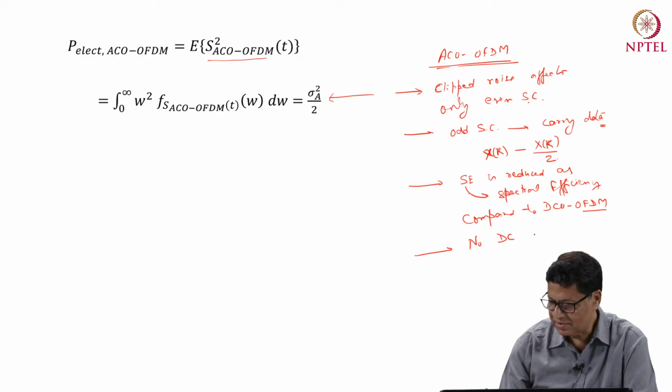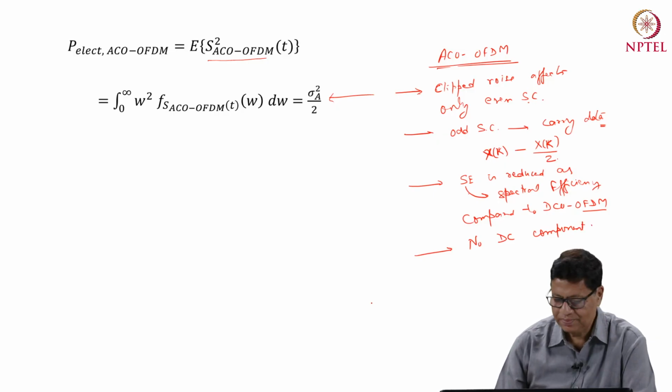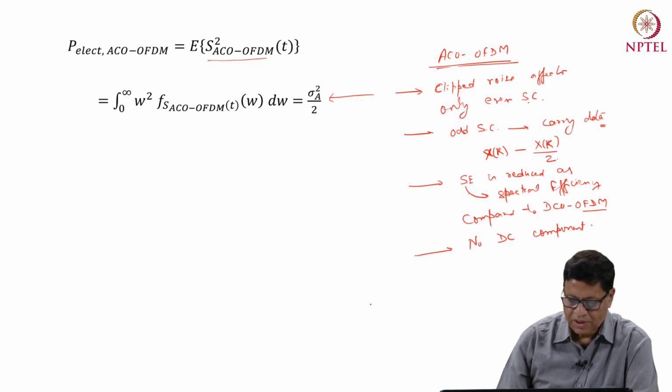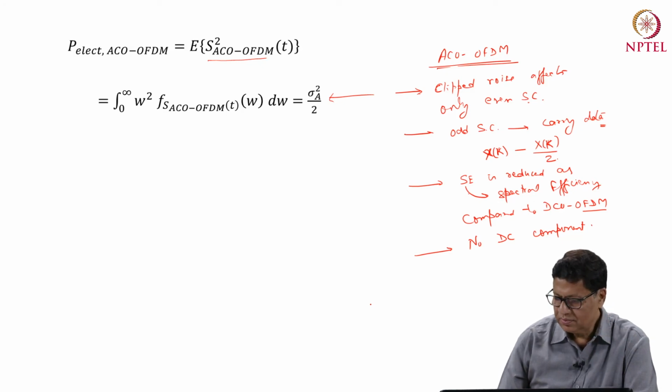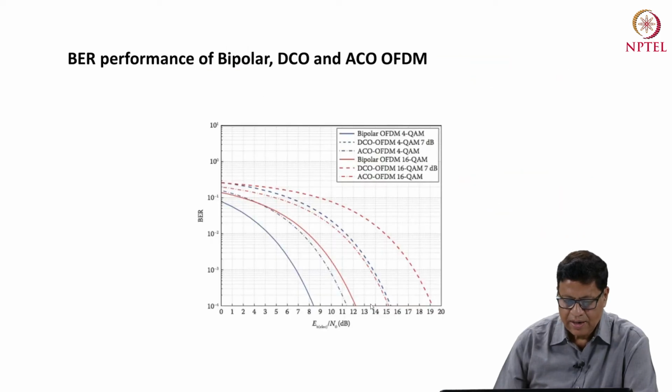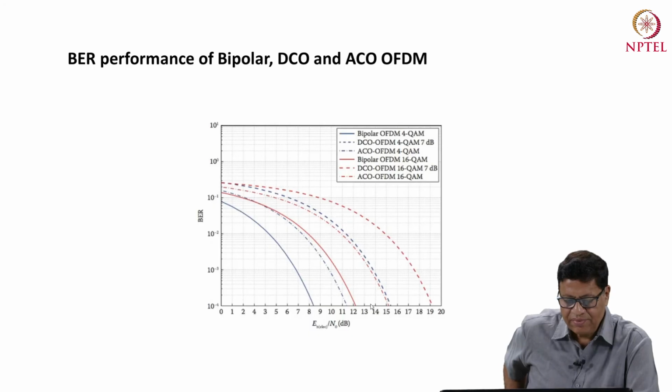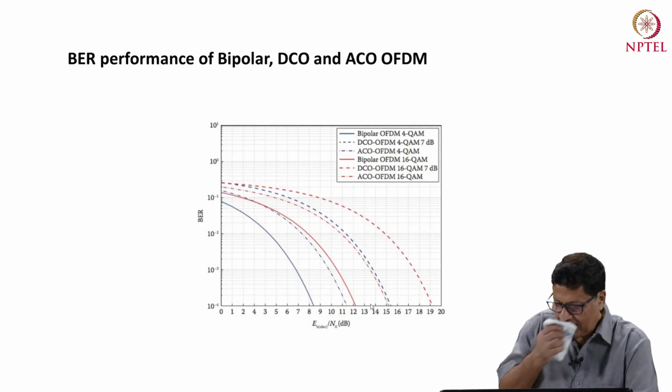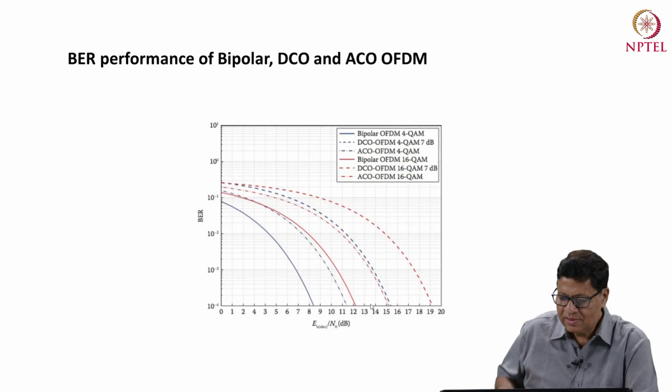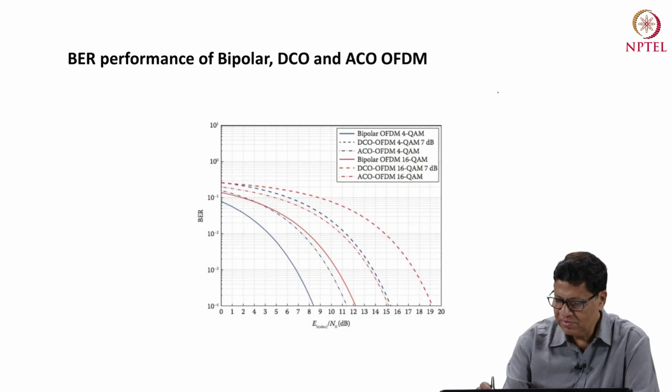So it is a power efficient modulation technique, no DC component, but your spectral efficiency is reduced. So this is the advantage of using ACO-OFDM. And if I see the performance of these techniques, here in this plot, the comparison has been shown between two types of modulation, one is 4 QAM and 8 QAM.